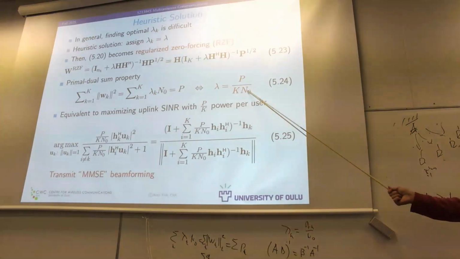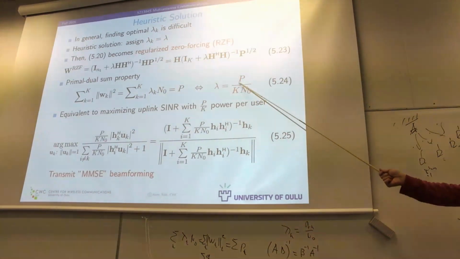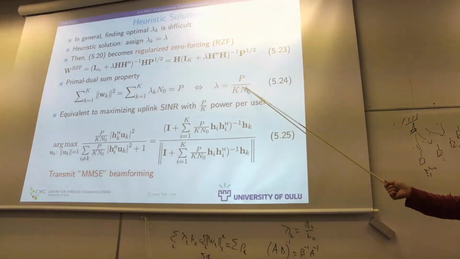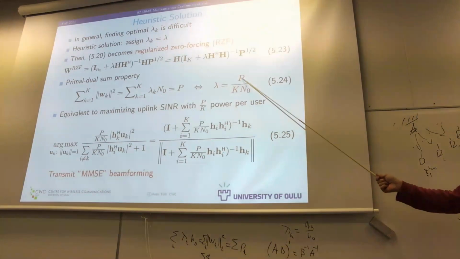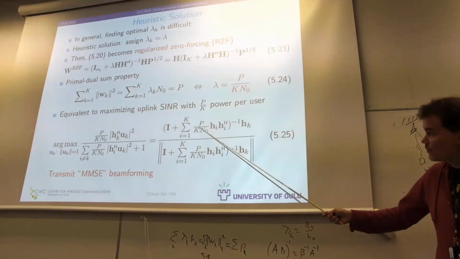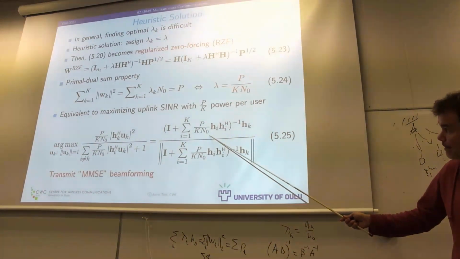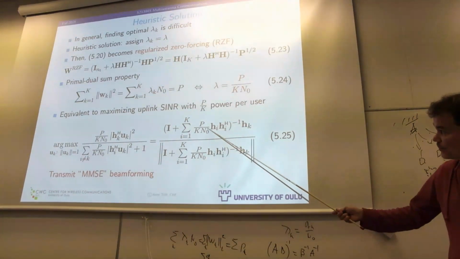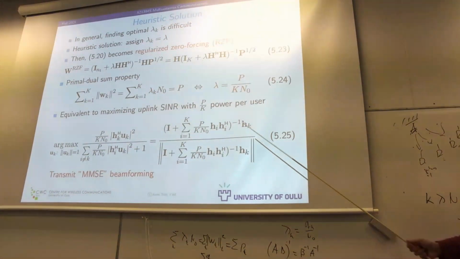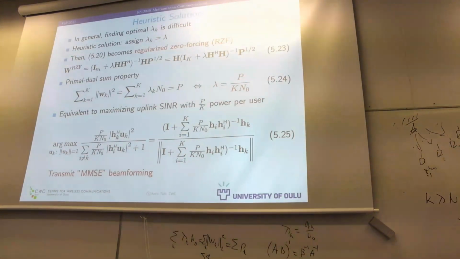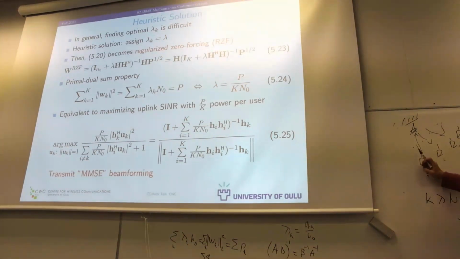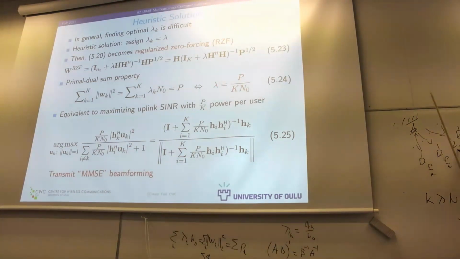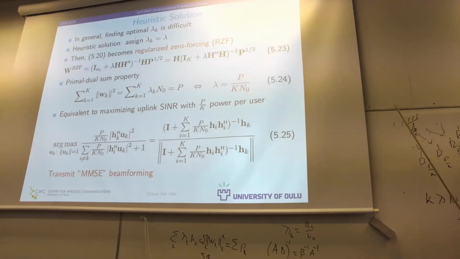Now when we plug in this value, this kind of SNR per user, right? Assuming each user has the same power, plug that in here, you can see that we have exactly the same expression as in the uplink. Right? In the uplink, each user has P over K power.